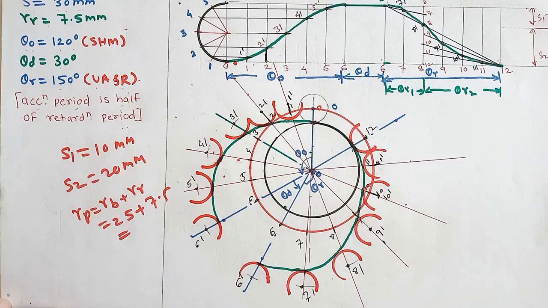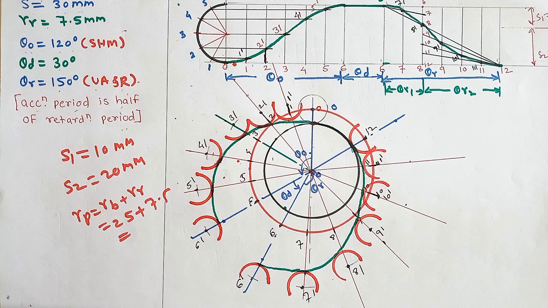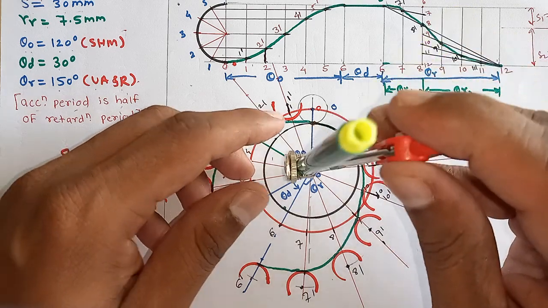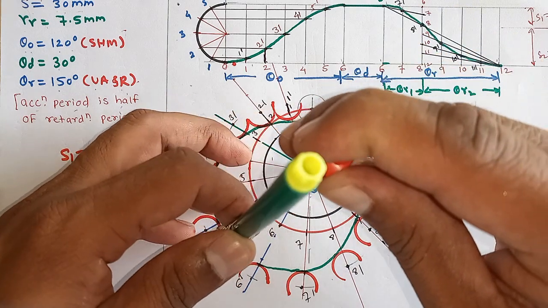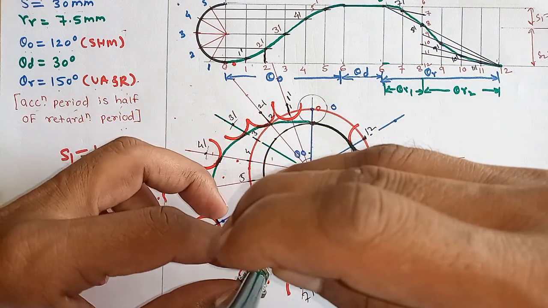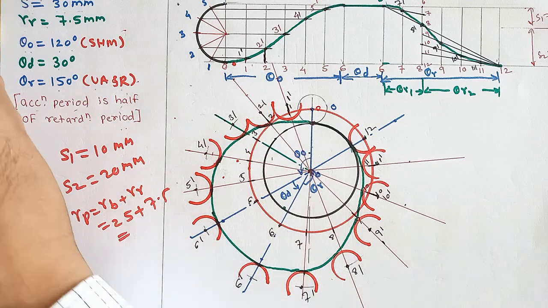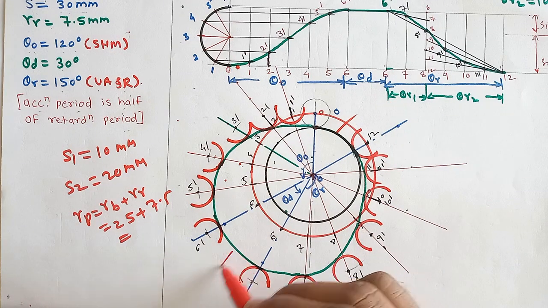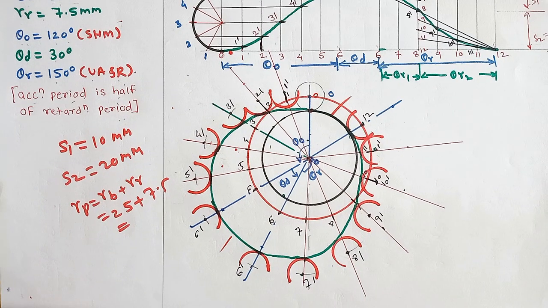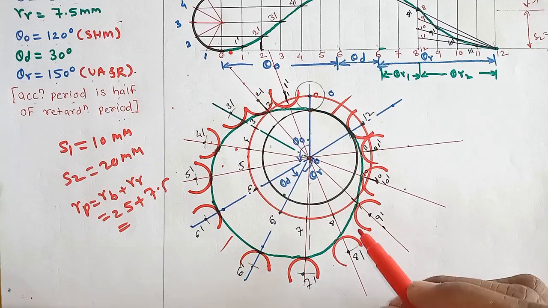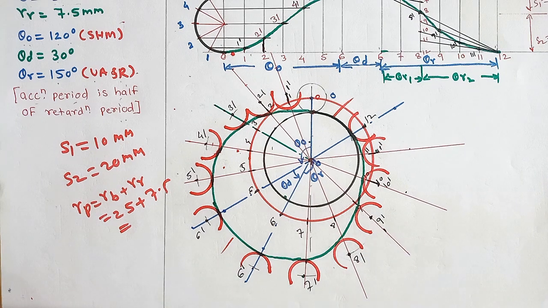So we join this. For roller followers, or all the followers, during the dwell period the cam profile is a circular arc. So we draw this curve using a rounder. This one and this one are the circular arcs during the dwell period. So this is the cam profile. Thank you.